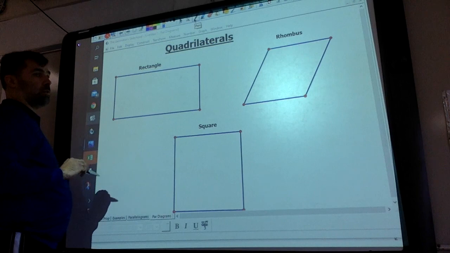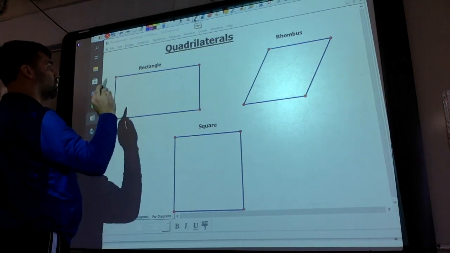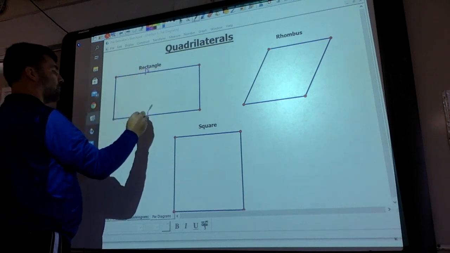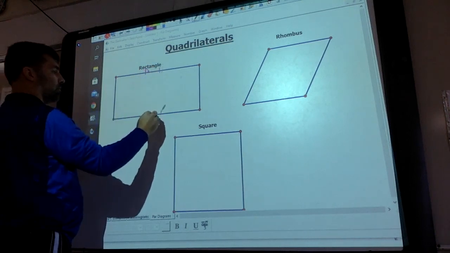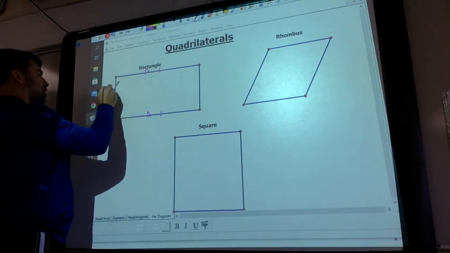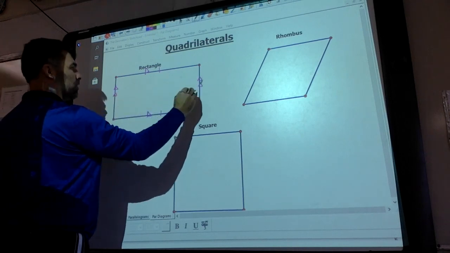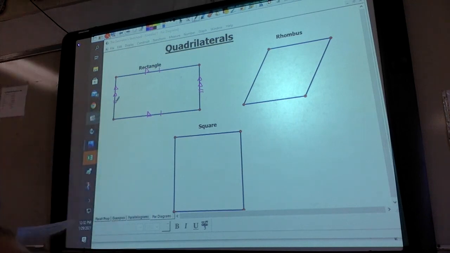Okay, again, don't write all this just yet, just watch, and you can go back and copy it later. So the 5 properties say this: opposite sides parallel and congruent. Opposite sides parallel and congruent. So that's the 2 side properties.